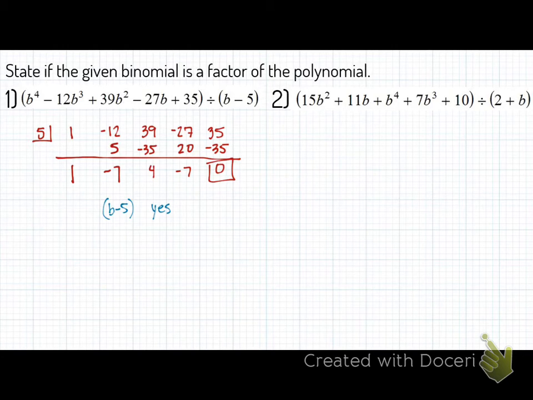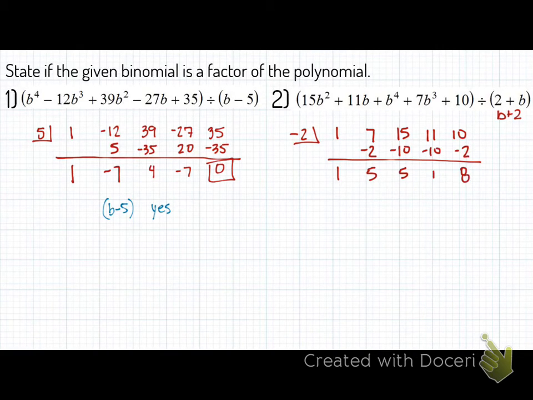Alright, number 2. Here we go again. I see a whole polynomial divided by a binomial, so I'm going to do synthetic division like I did last time, in descending order. I notice that my divisor is backwards, so I'm going to write b plus 2, and then I notice that the a is negative 2 here. Bring down the rest of the problem.